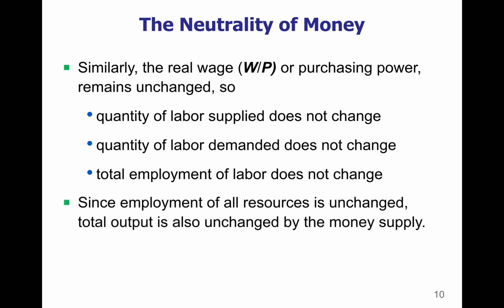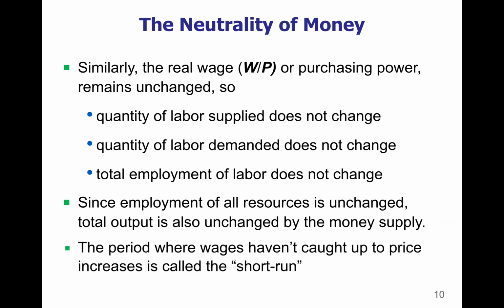Since employment of all resources is unchanged, the total amount of goods and services we can produce also doesn't change. So we still have the same amount of workers producing the same amount of goods and services for the same amount of companies. Now, the price of the things they're making has gone up, but the actual number of things, or the real gross domestic product, has not.